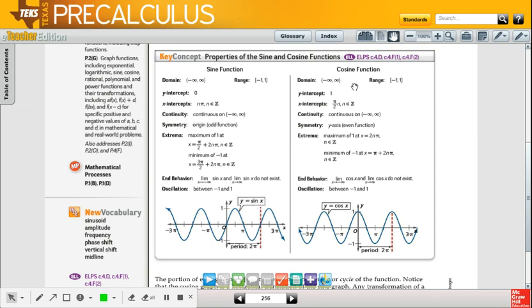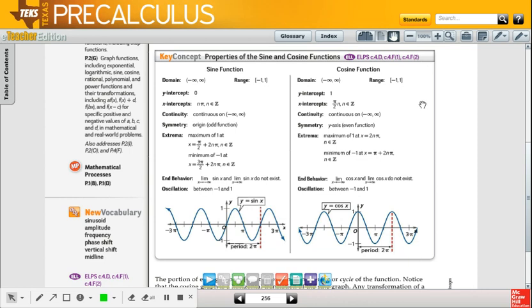I do want you to have down domain and range, same thing with the y-intercept, the x-intercept, end behavior, and the graph. So for the cosine function, the domain is pretty much the same, -infinity to infinity with parentheses. The range is -1 to 1 with brackets. The y-intercept is at 1 as you take a closer look at the graph.